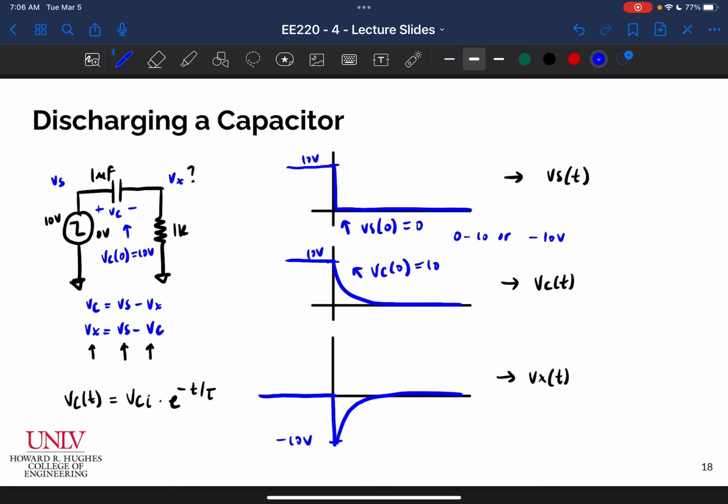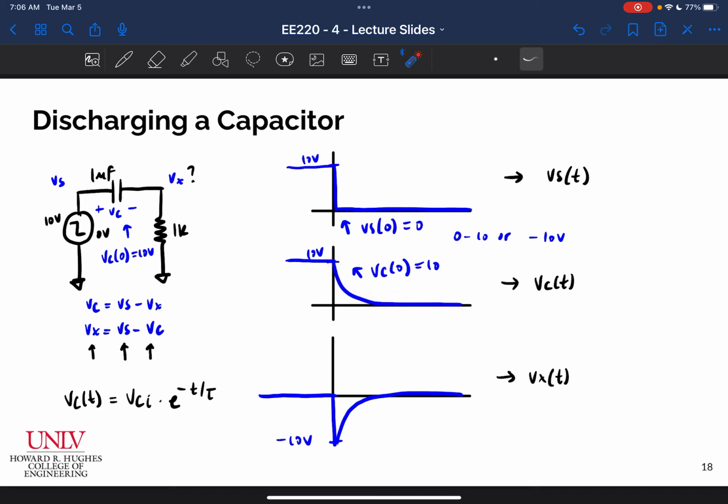It's pretty interesting. Intuitively, it makes sense if you analyze it instant by instant in time. For all time t after the pulse source goes low, that voltage is just 0, and as the capacitor voltage drops down to 0, it makes sense that VX would tend towards 0 as well.